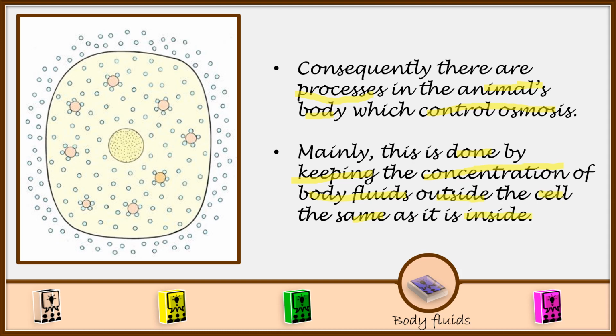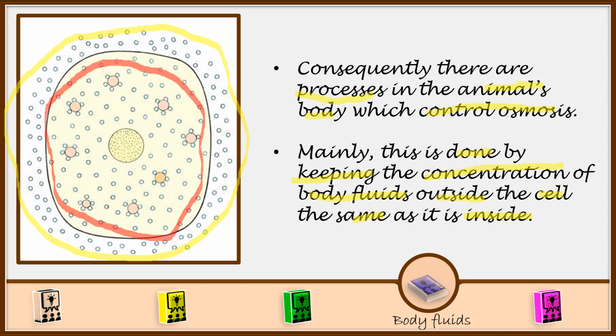So to prevent the cell from bursting, we make sure that the concentration of the fluid outside the cell is the same as the concentration of the fluid inside the cell.